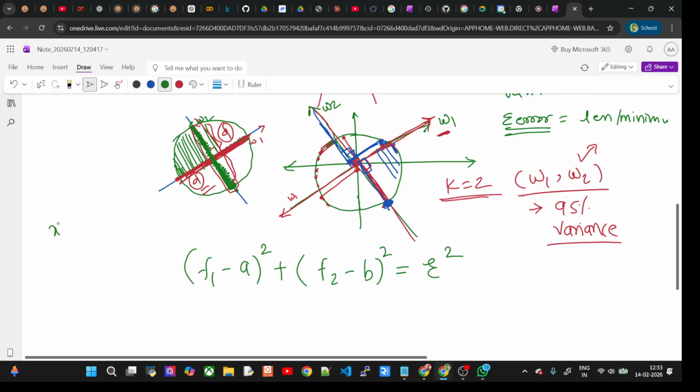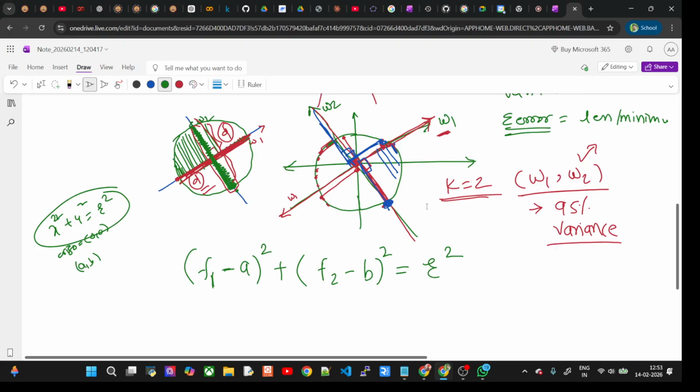We know that x square plus y square is the equation of your circle. With what we said, x square plus y square is the origin, we consider the origin as 0, 0, but if the origin is a comma b, then this is the equation: f1 minus a whole square plus f2 minus b whole square equal to r square.